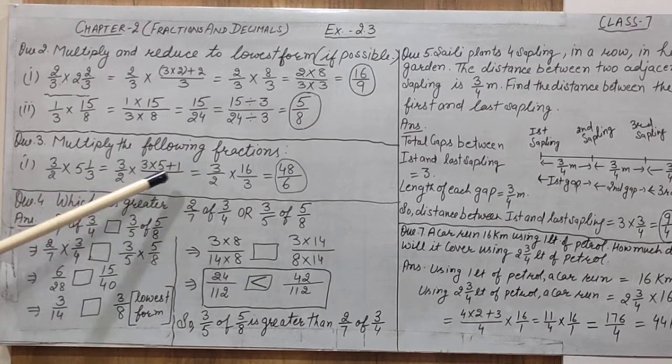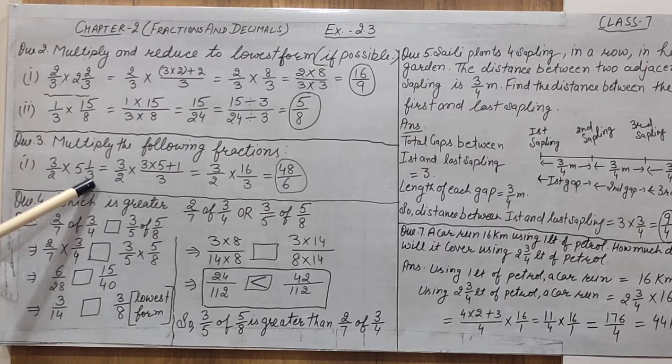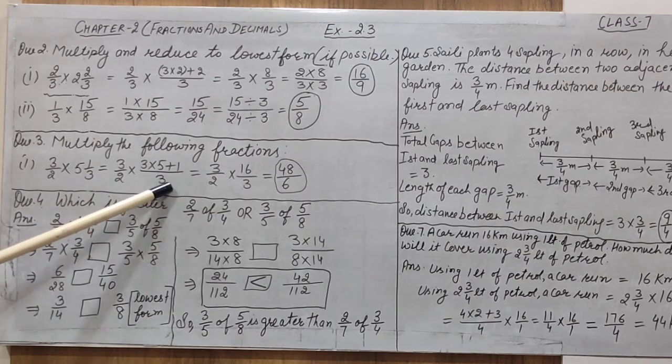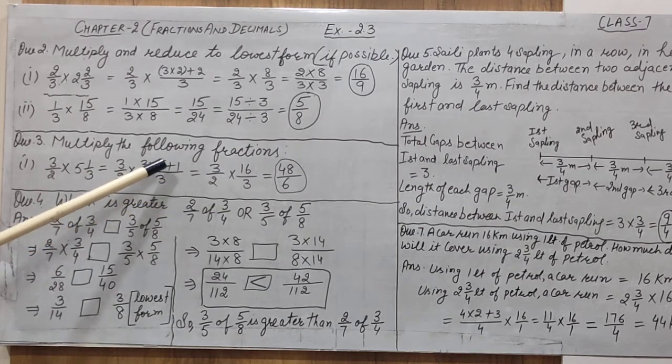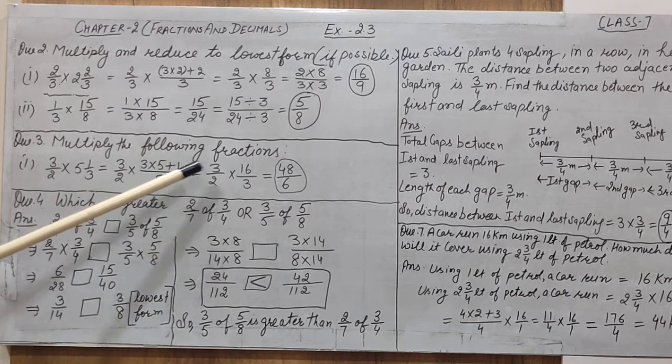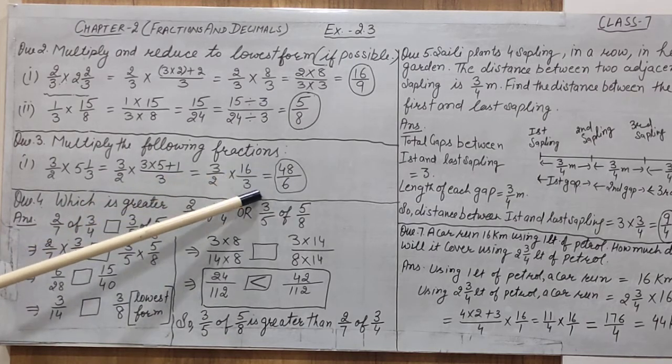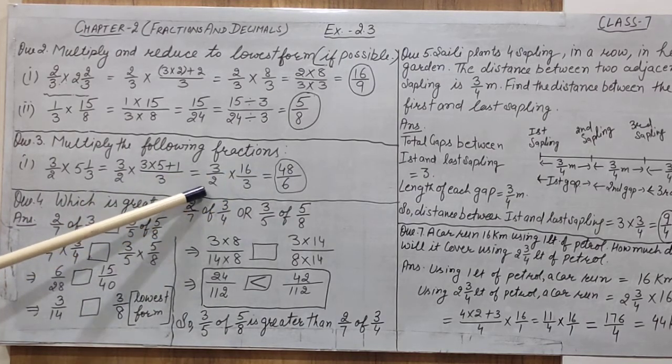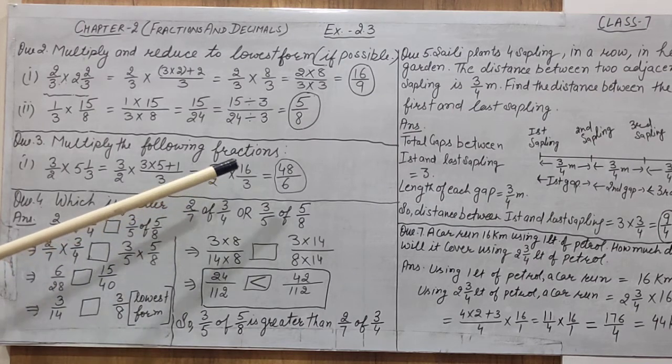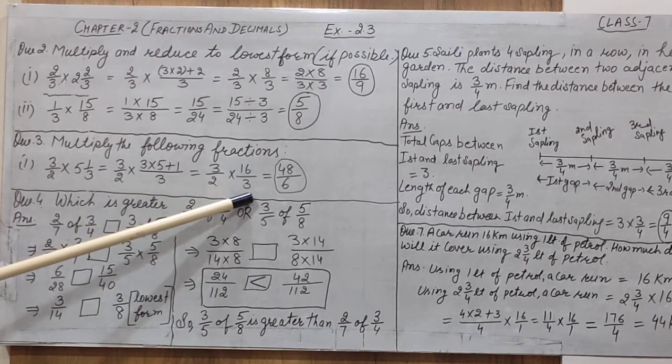This is the numerator of the improper fraction, and for the denominator we use the same denominator, 3. 3 multiplied by 5 is 15, plus 1, that gives 16 by 3. So the first fractional number is 3 by 2, and the second fractional number is 16 by 3.